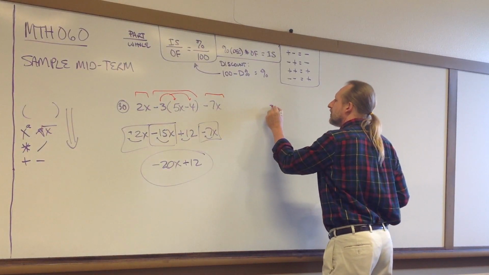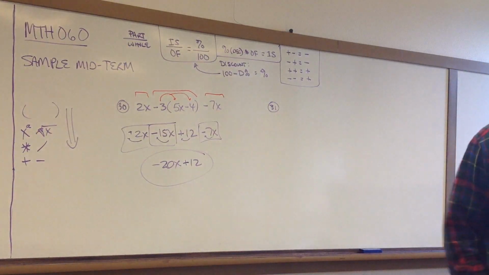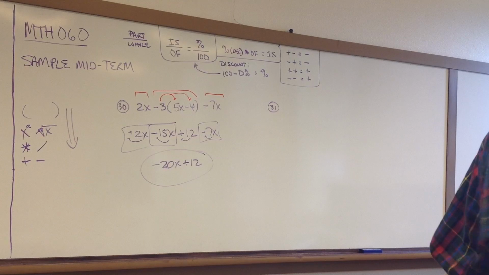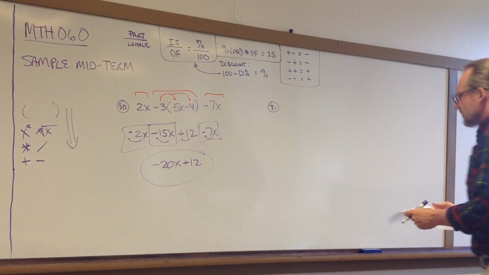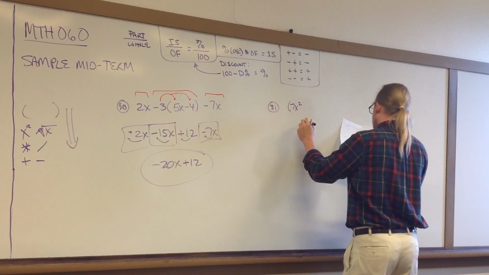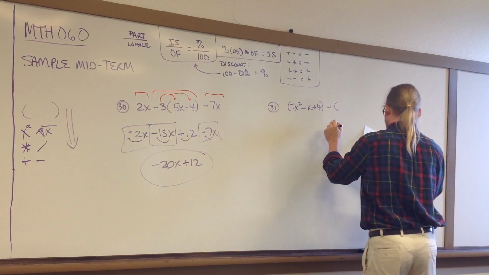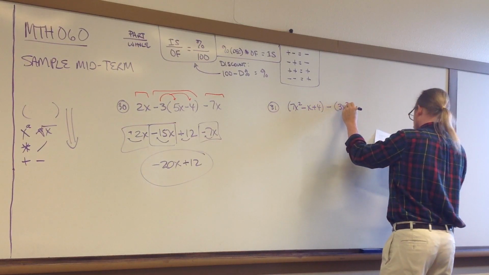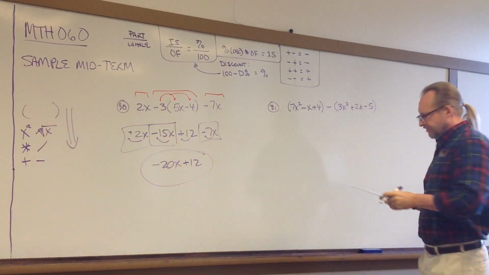All right. Problem 31. Let's see what we've got here. This one, there's not a whole lot of work to do. It's just a matter of understanding how these problems work. Okay.